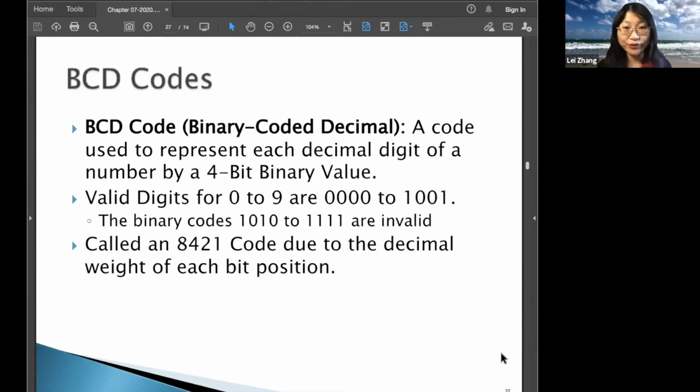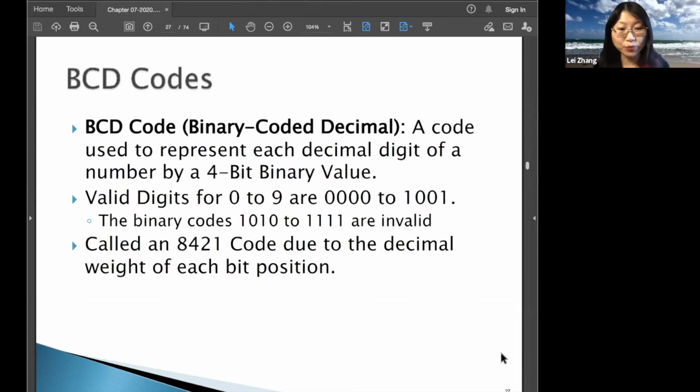BCD code. You are all familiar with this BCD code now because we learned this in the 7-segment display. So BCD is binary coded decimal. It's a code used to represent each decimal digit of a number by a 4-bit binary value.